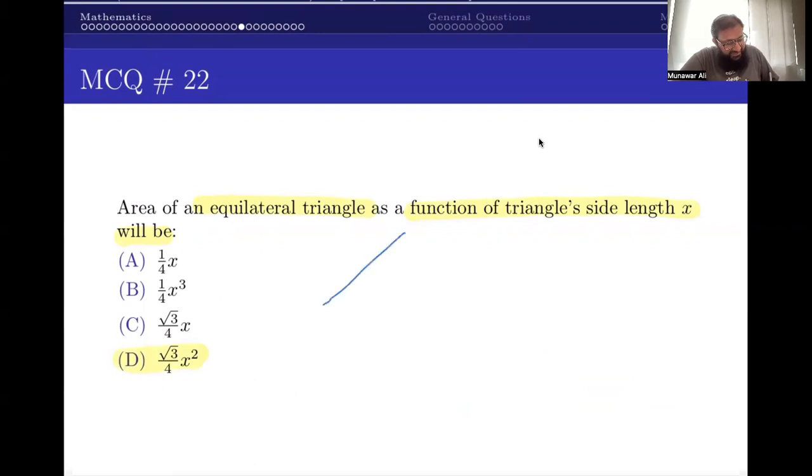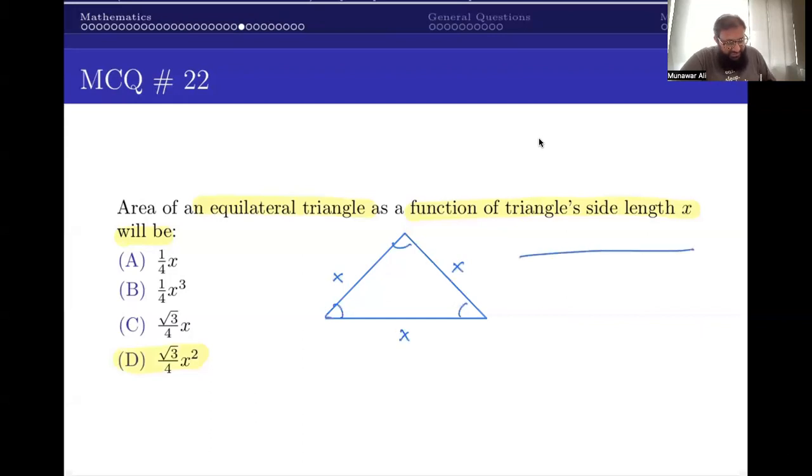Like if I take a triangle and the length of each side is x, and you know very well the angles are equal, hence the measure of each angle is going to be 60 degrees.